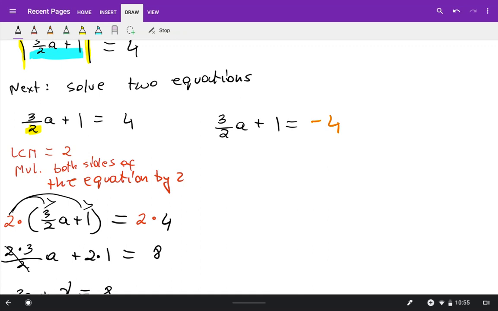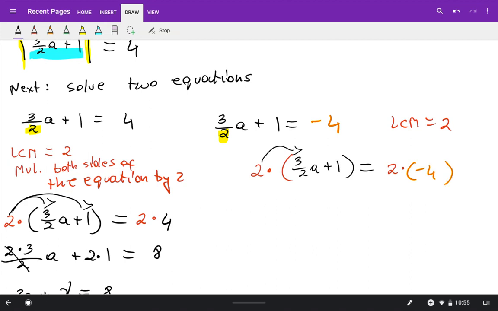Here, I'm going to solve the second equation, with the same idea. The denominator of the fraction is 2, so the LCM is 2. I'm going to multiply both sides of this equation by 2. So 2 times, in parentheses, 3 over 2a plus 1, equal 2 times the right side, which is negative 4.